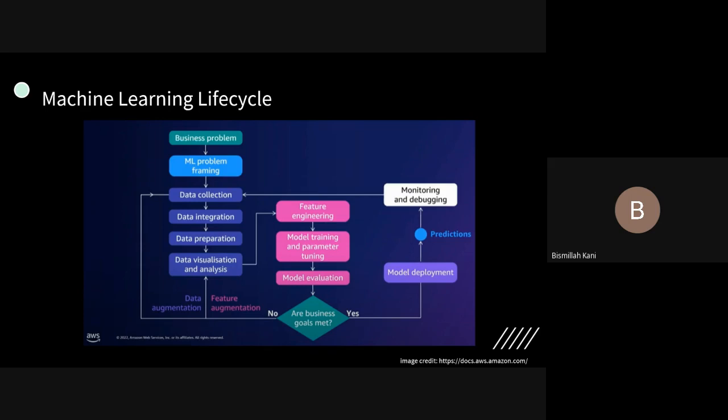All these things have to be taken care of. You have to do data integration, and the raw data will not be directly usable for your machine learning modeling. So you have to do some sort of cleaning, analyzing the data, and prepare your data in such a way that it could be used for your model building and training, right?